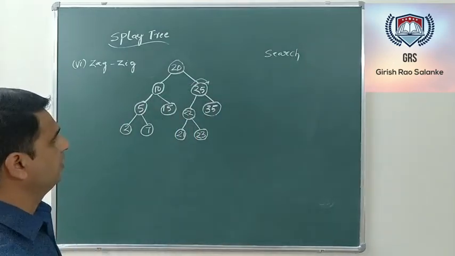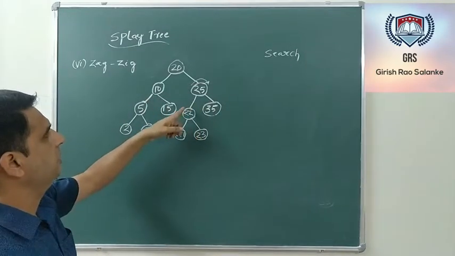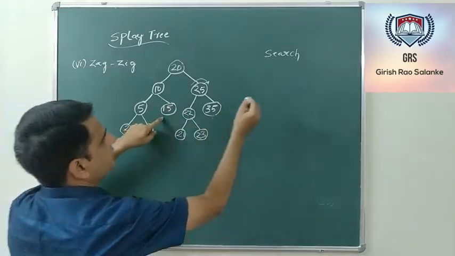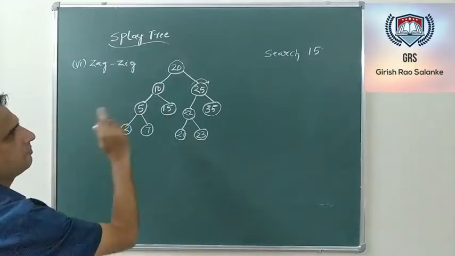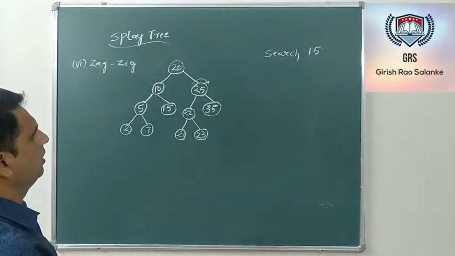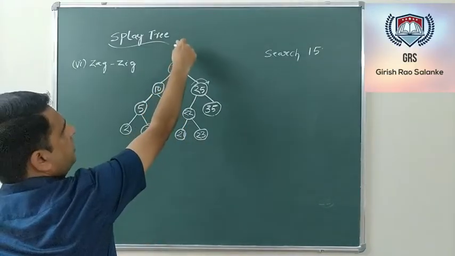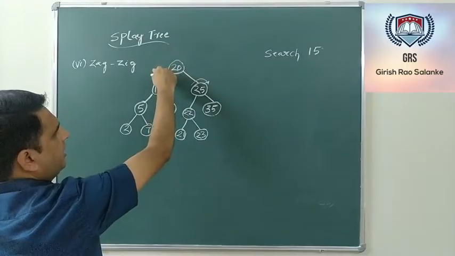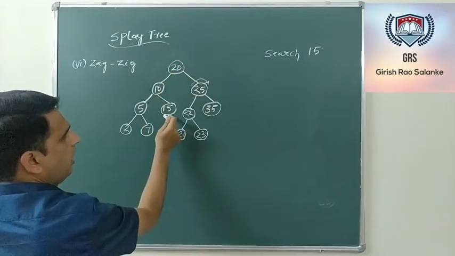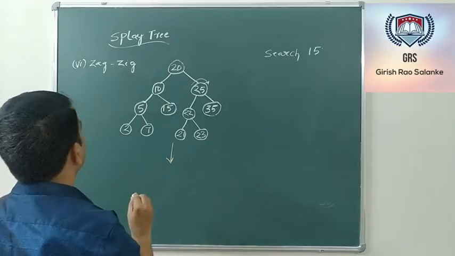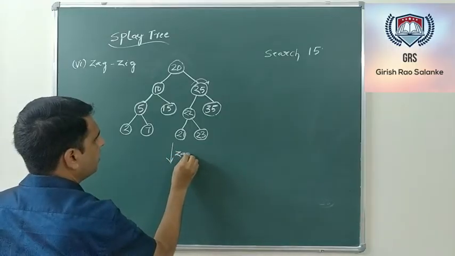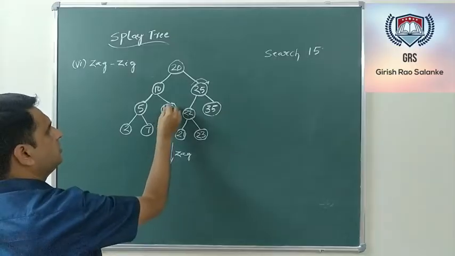What key do you need to perform it on first? Let me take it as 15. Search 15. Compare 15 with 20, less; compare 15 with 10, greater; I got 15. Now I should make this 15 the root node. So perform a zag rotation on its parent.